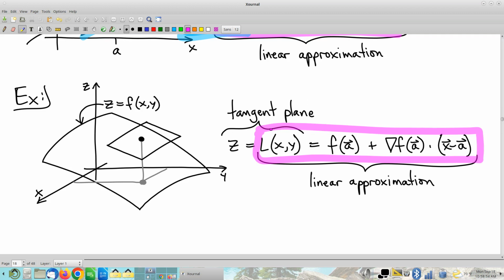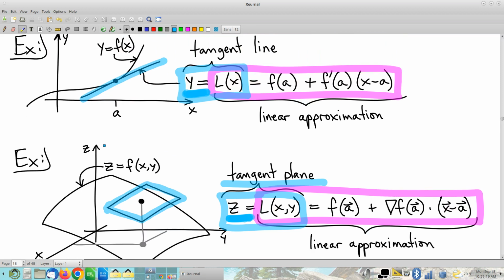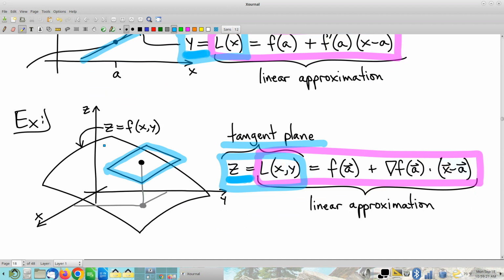Shorthand gradient notation, very convenient. That is a function. It's not a plane. But its graph is a plane. And for all the same reasons that the graph of the single variable linear approximation is a tangent line, likewise, this graph here is the tangent plane.